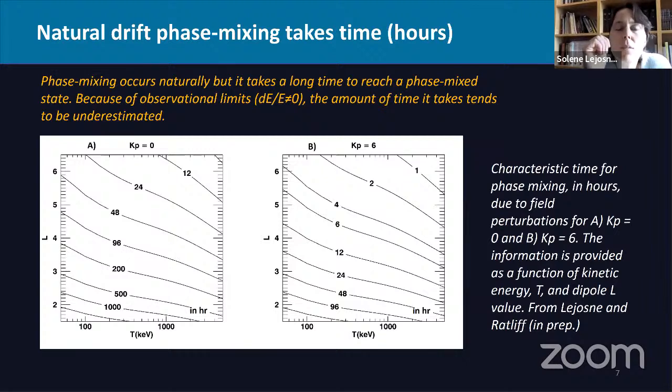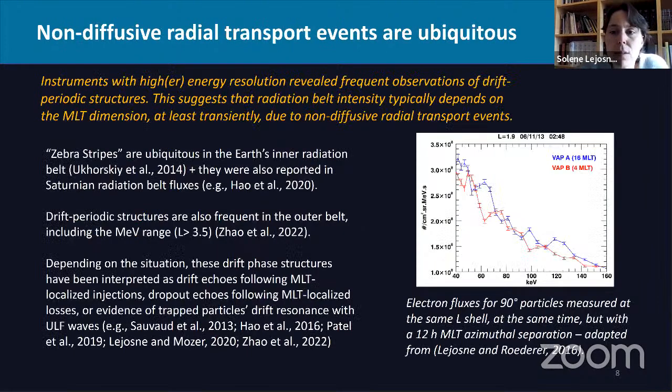So when your fields are pretty quiet, I use Kp as an indicator of the magnitude of radial diffusion. When it's 0, it is going to take forever for your drift echoes to dissipate. But even at Kp 6, you are still on the time scale of hours. So it takes time for drift phase mixing to occur naturally.